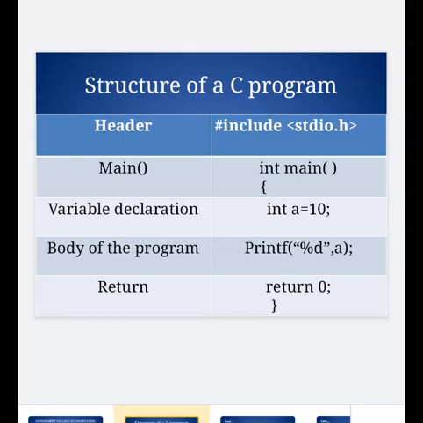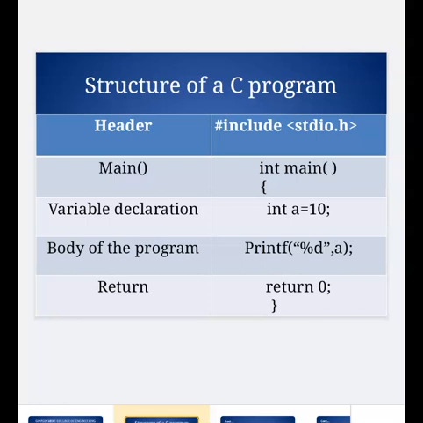It is a 5-line program, and the first line represents the header file, the second line declares the main function, the third line represents the integer variable a, the fourth line is a printf function, and the fifth line is a return value. Now let us analyze the structure of this program line by line.